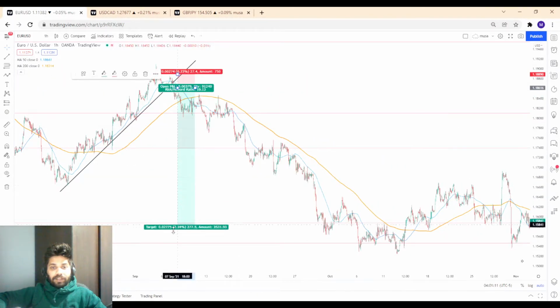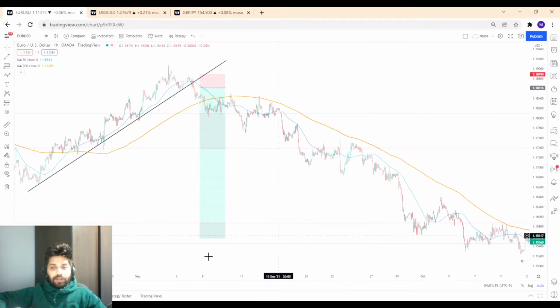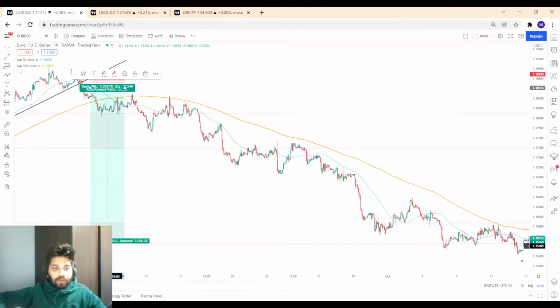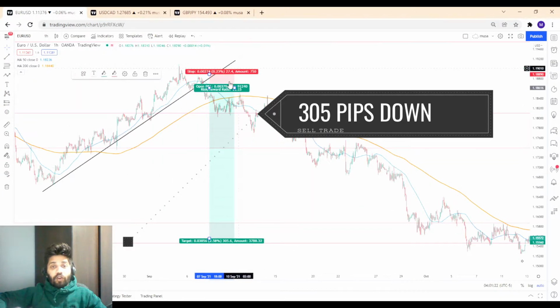See, the price has gone up to 305 pips. Like if you trade according to this, you could have made like plus 305 pips.